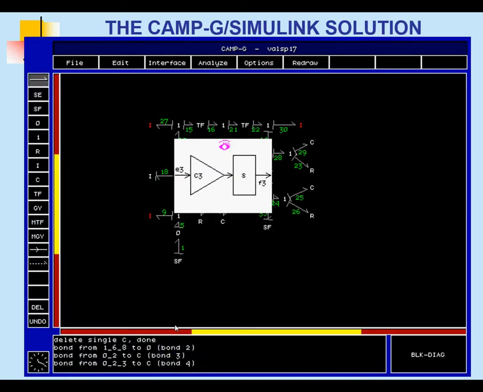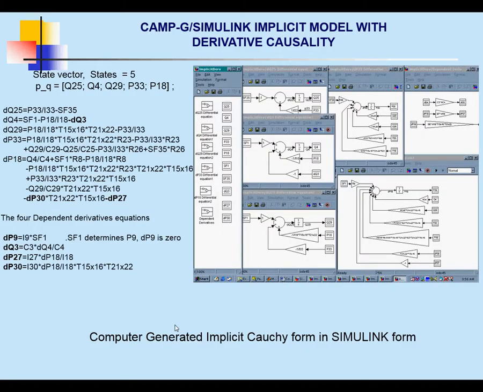And then finally, the Simulink solution here. You have in the CAMG those dependencies. The idea is that CAMG will produce the equations that you see on the left-hand side, and those equations would be used to produce the block diagrams on the right-hand side. In here, the way I have it is like each equation is one window, okay?